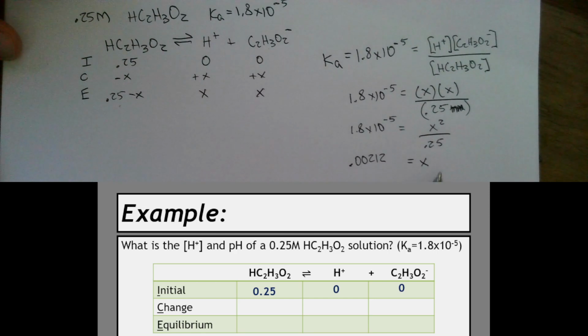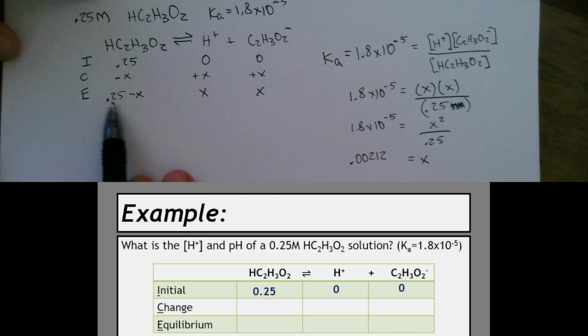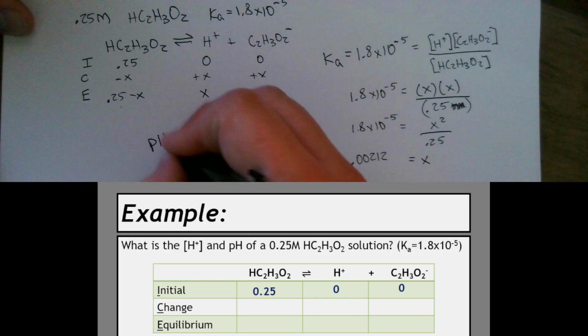Okay, but what does X tell me? I have to go back to my equilibrium to figure that out. It could tell me my new concentration of acetic acid. I can do 0.25 minus this number. See, this number is really, really small. So 0.25 minus 0.00212 is basically just 0.25. But it also tells me X and X. Well, if I go back to the problem, I wanted to find pH.